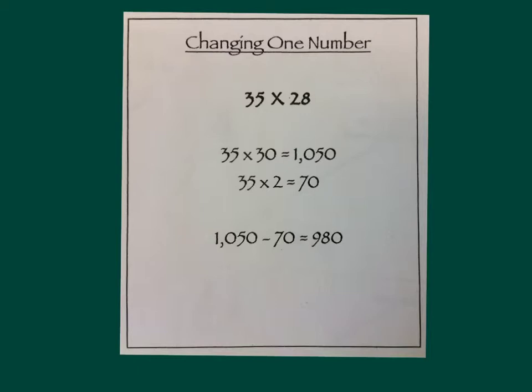That final step includes taking 1,050, subtracting the 70 that was too much, because it was 2 groups of 35 too much. They were again able to arrive at the answer of 980. So changing one number is another strategy that you can use this year as a mathematician in 5th grade.